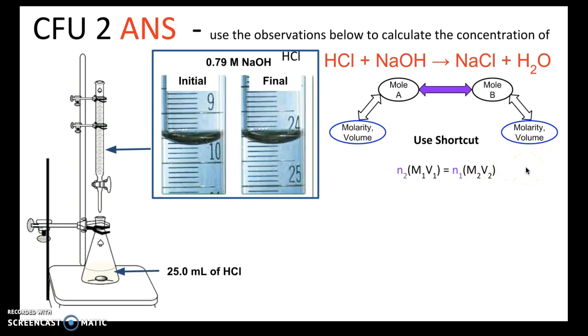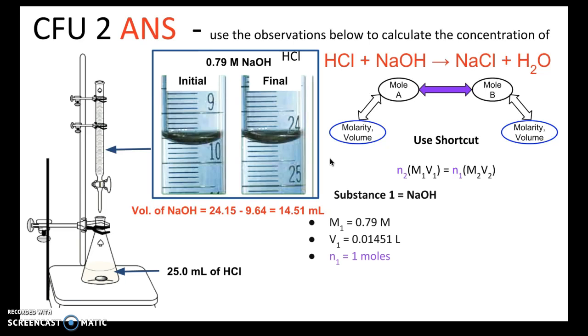In order to complete that shortcut, we need to know the volume of NaOH that we added. So let's go ahead and calculate that. I read this burette reading for my initial at 9.64 milliliters, and for the final 24.15. When I subtract those two values, final minus initial, I get a volume of 14.51.